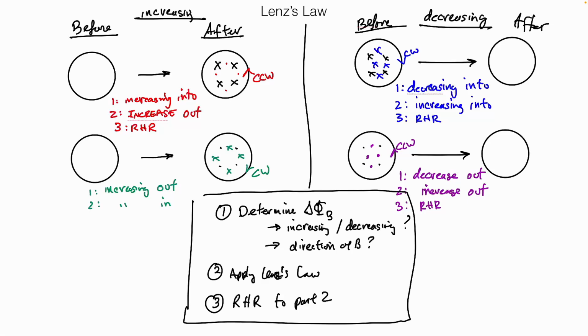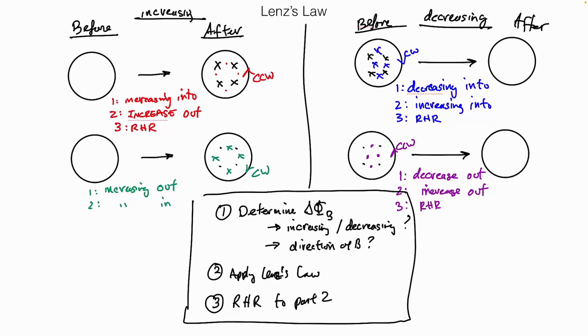Now, there's lots of different ways we can draw the pictures, lots of different orientations of magnetic field, lots of different ways to visualize this. But they all come down to one of 4 situations. What are those 4 situations? Increasing into, increasing out, decreasing into, and decreasing out.